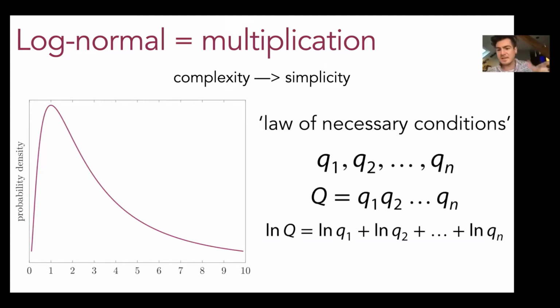So basically the idea here is, if you have some process where there are a bunch of steps that all need to happen for that process to happen, and if any one of them doesn't happen, then it won't happen, then that process happens at a log normal rate.